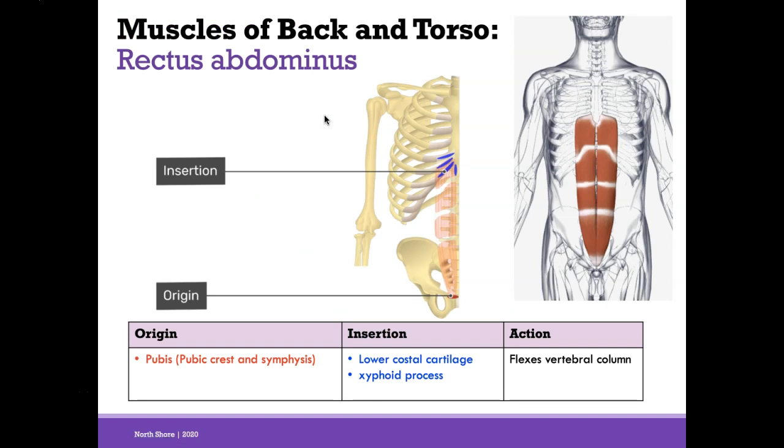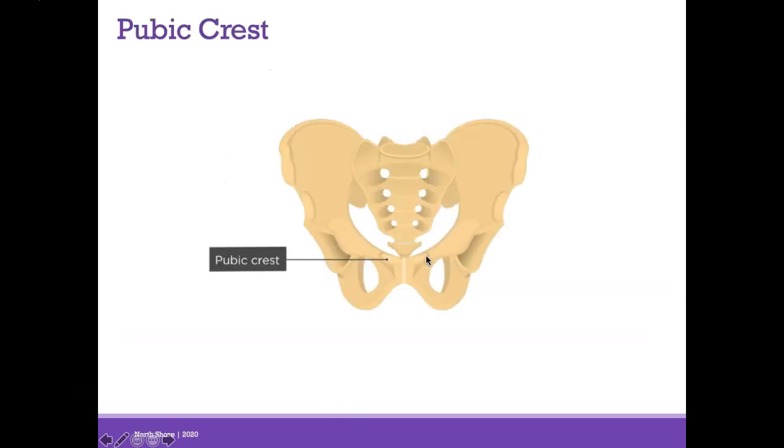So rectus abdominis. So here are the rectus abdominis muscles, or the abs. And this helps flex the vertebral column. And it originates at the pubis, all the way down here. So specifically, it attaches to the pubic crest. This is the little crest, this little protrusion, the pubic crest.